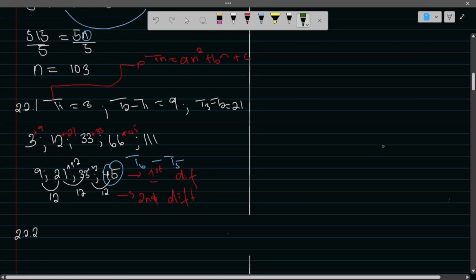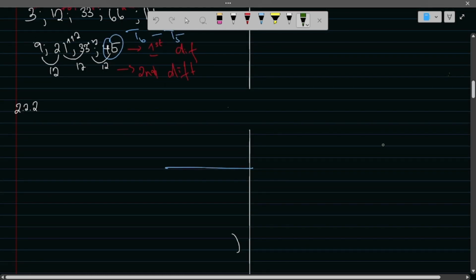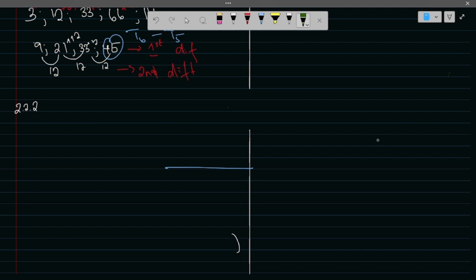Right. So for us to get this, how should we go about it? We already got our third difference as 12. So we know that there's a formula that says 2a is equal to our second common difference.